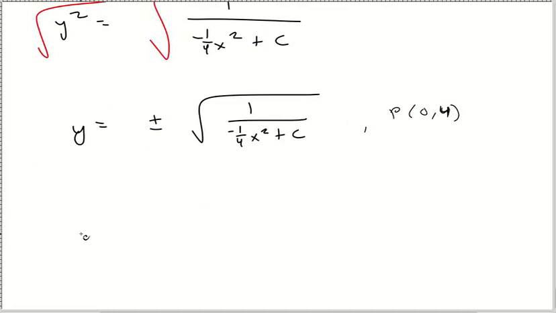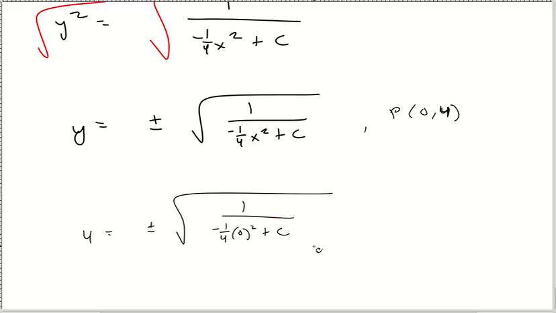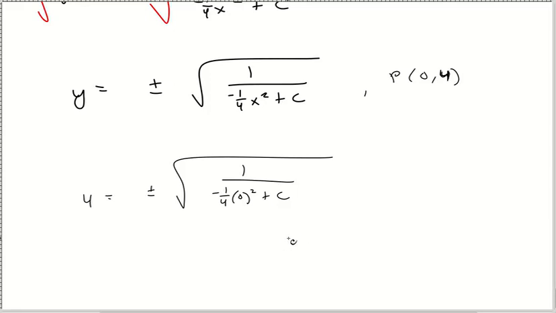So my y is 4, plus or minus square root of 1 over negative 1/4 times the 0 squared plus c. And I need to solve for c. Well, the plus or minus kind of makes me a little weirded out. I don't really know what to do with it.